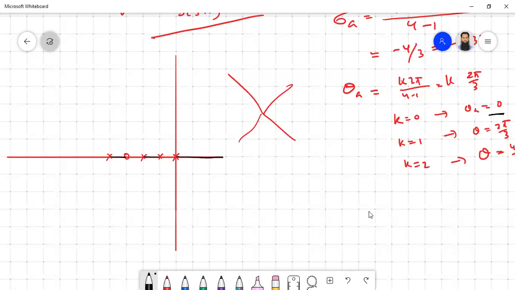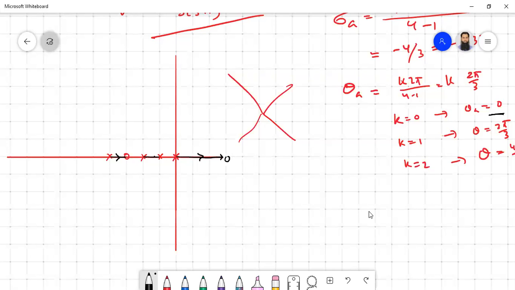So these are the three segments. This will go from this one to this one, and this one is going to the zero at infinity. And for this segment here, our centroid is at 1.33, somewhere here.